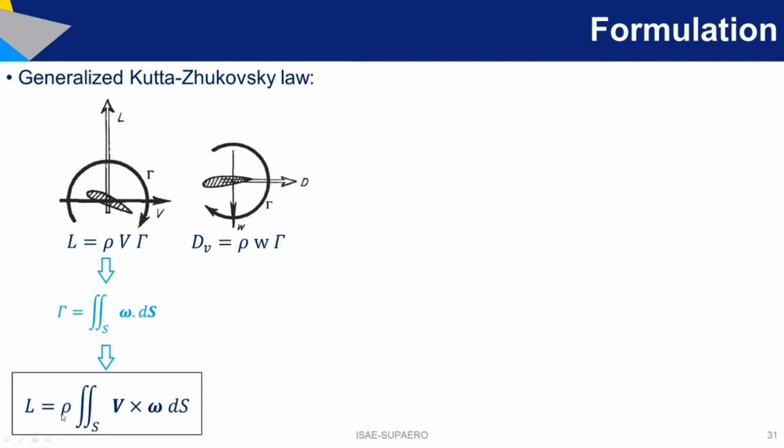So as you can see, this expression is basically the generalized Kutta-Zhukovsky, and it requires integrating this quantity known as the lamb vector, and that's why this method is called the lamb vector method, because you have the cross product between velocity and vorticity, which is integrated across the wake. You know, vorticity is only a wake-restricted parameter, so this integral is only across the wake. And as we will see in the next slide, the lamb vector basically explains everything from a physics point of view. Let's go for it.